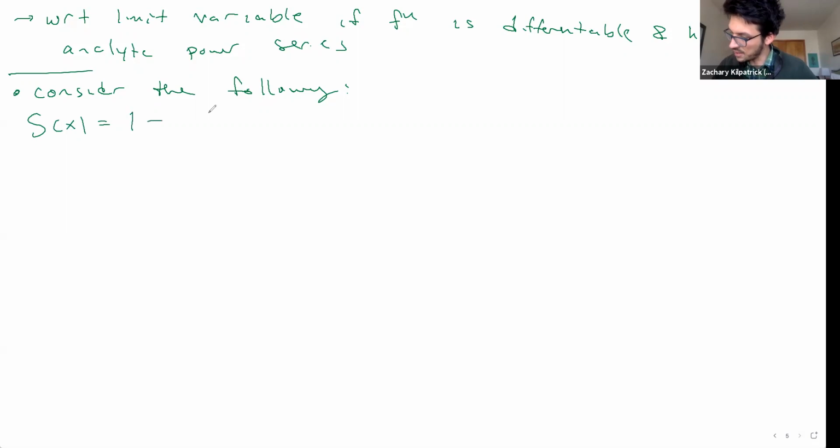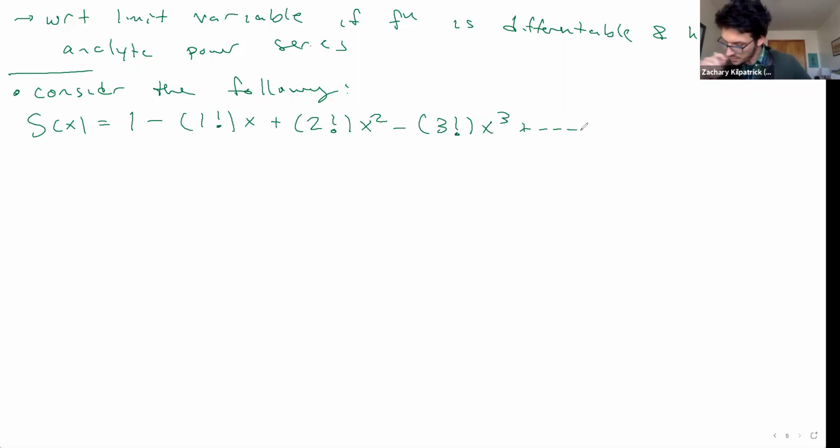It's going to look like this: 1 minus 1 factorial x plus 2 factorial x squared minus 3 factorial x cubed, and so on, which is equal to the sum from n equals 0 up to infinity of an alternating series, but the coefficients are getting larger, times x to the n.